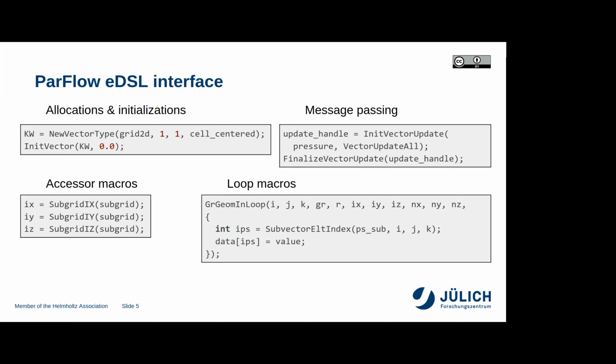It's used for different types. For example, we can allocate storage for them. Some of those are vectors or matrices. We use it for message passing for these same data types and accessing certain data or launching compute kernels.